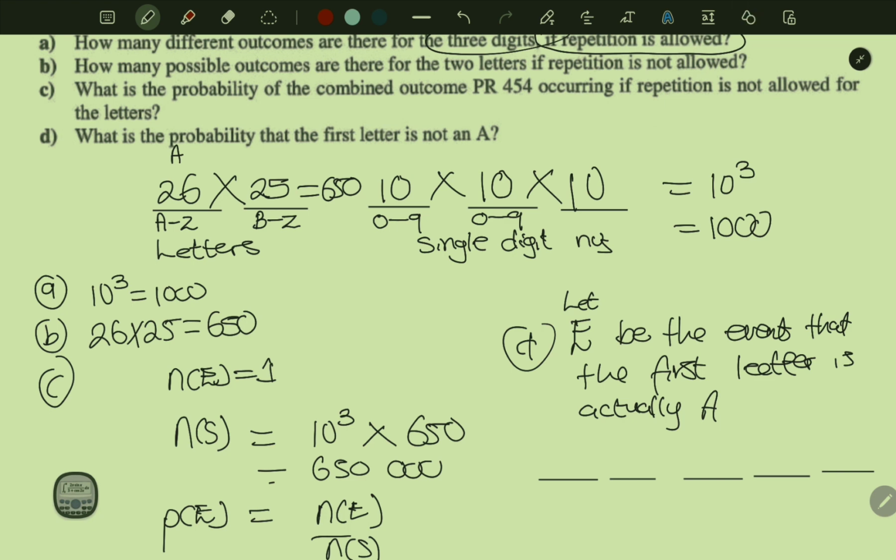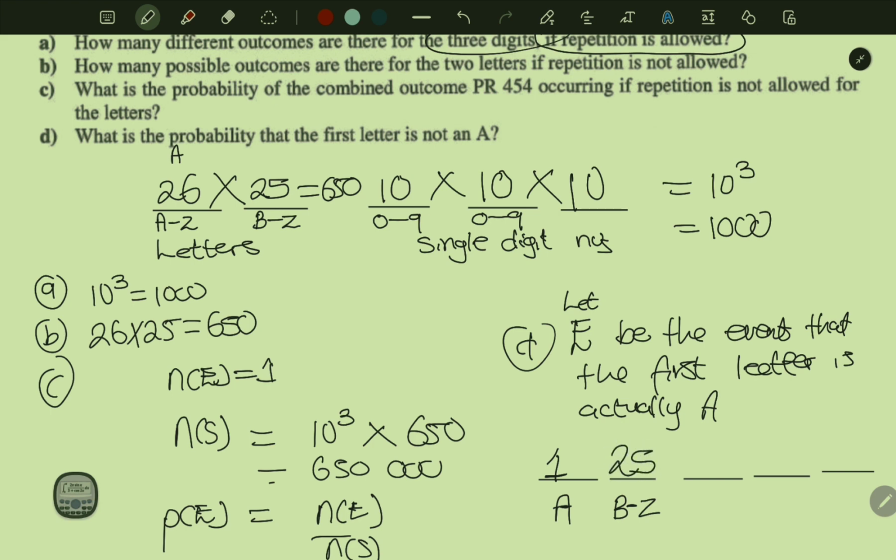The first letter has to be A. Remember, E is the event that the first letter is actually A. So if the first letter is A, that means on the second space my options reduce from A to Z to B to Z. So I have 1 option for the first space and 25 options for the second space.